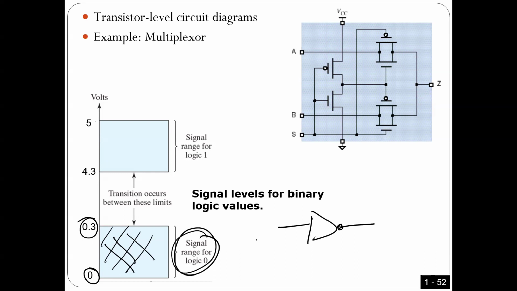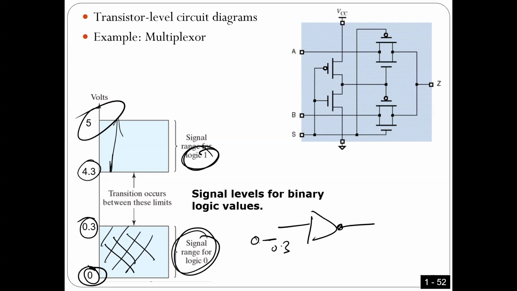Anything in this range. Same thing for logic 1: it's not only one value, but also a range. Just as an example, 4.3 to 5, anything in this range. Most of the time we say 0 volt and 5 volt, but as long as you are in this range, it acts as logic 0 or logic 1.